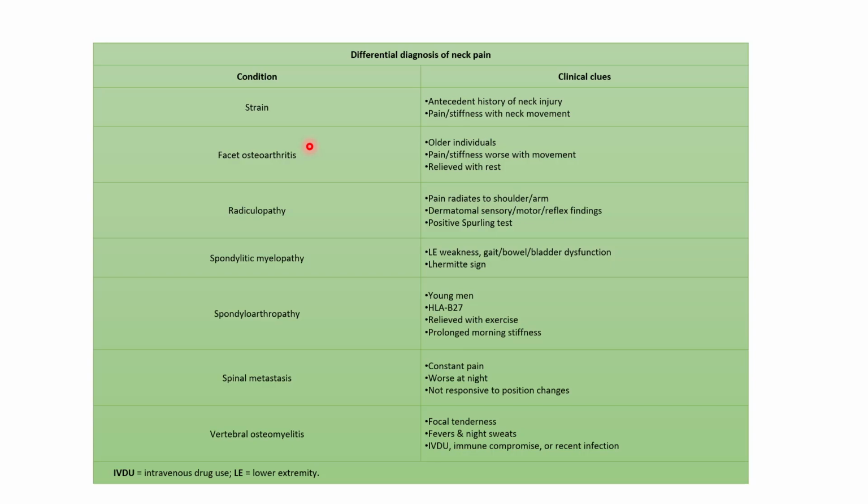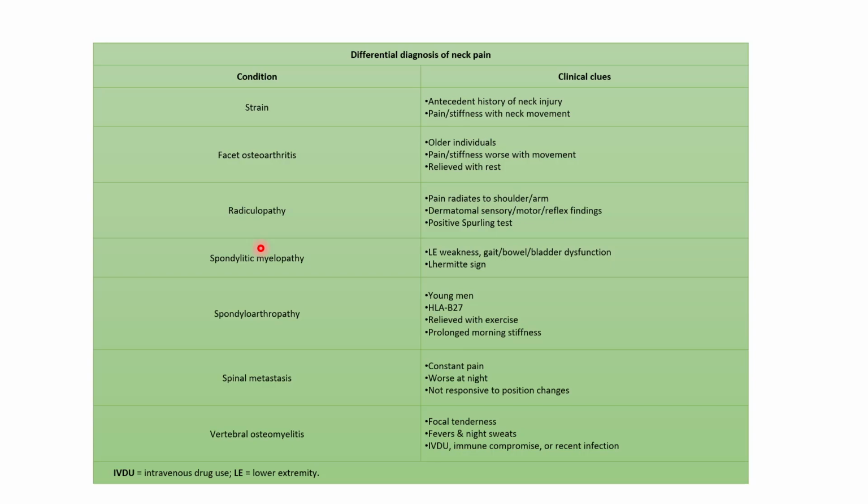Then again another S, that means spondylitic myelopathy. We know what Lhermitte sign is, which is also found in MS. If you flex the neck, there is an electric shock like sensation over the neck area.